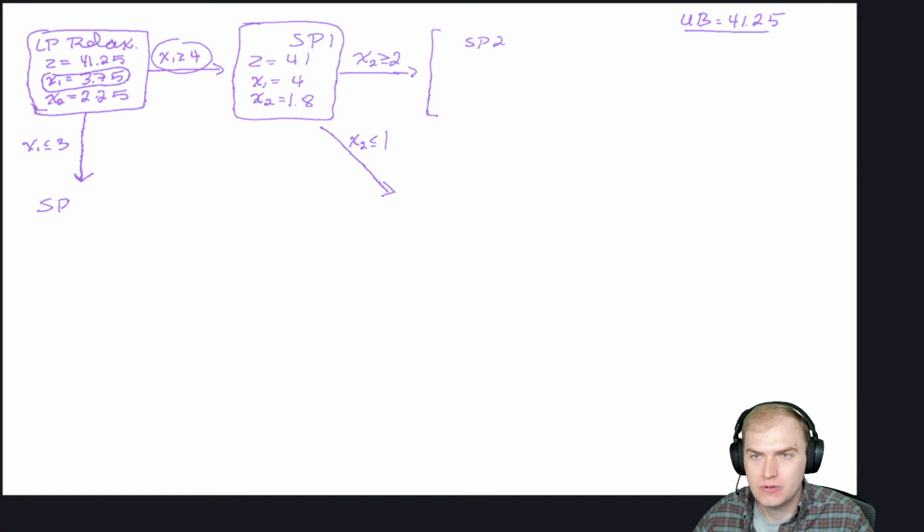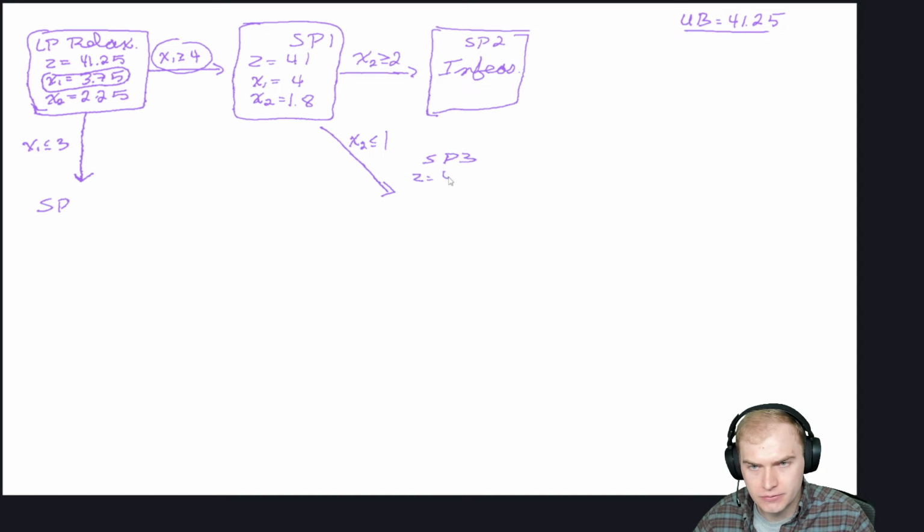So subproblem 2, x2 greater than or equal to 2, is infeasible. Subproblem 3 had z equals 40.522 something. Maybe not.